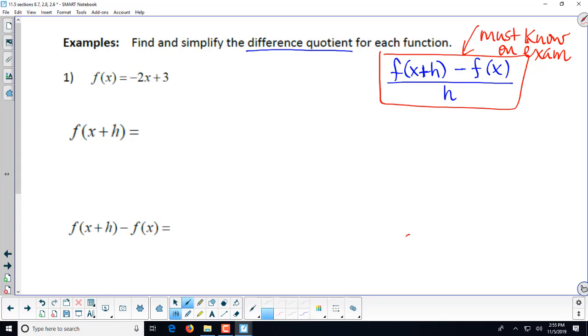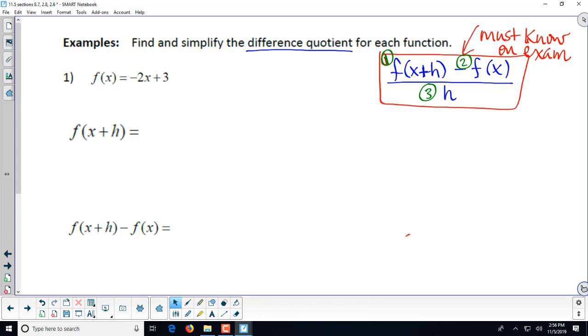The difference quotient is basically you set it up and then you simplify it. What does this setup mean? It's kind of a 3-step process, so we're going to do each step individually just so we can talk about MyMathLab.